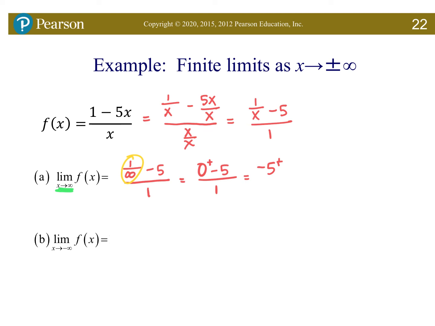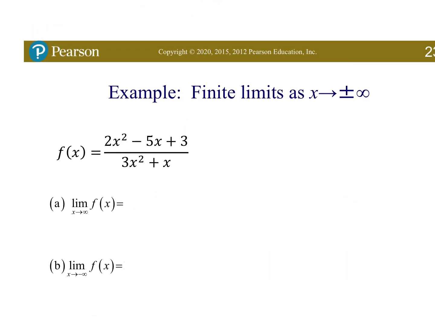Negative 5 is the horizontal asymptote, but we'll be landing on the upper side of it. If we look at negative infinity, 1 over negative infinity minus 5, that'll be 0 minus minus 5. That's negative 5 minus. So that means our horizontal asymptote is negative 5, but we'll be on the lower side of it, the underneath side of it, when we're out in quadrants 2 and 3.